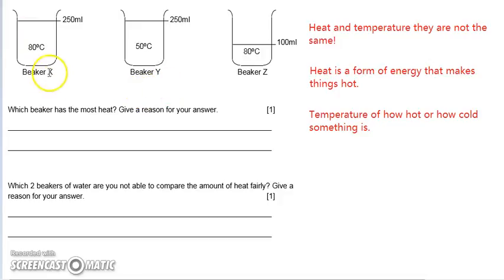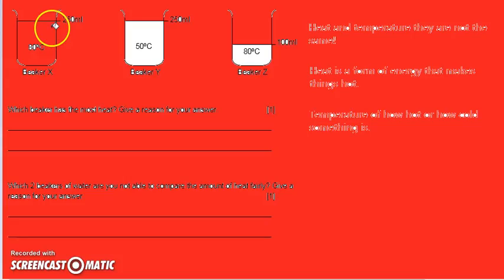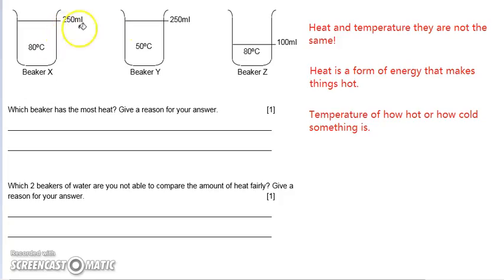So we do know that this 80 degrees at 250 ml and this 50 degrees at 250 ml, this would definitely have much more heat in it compared to beaker Y. Again, if you use the sugar analogy, you would require a lot more sugar to make beaker X sweeter than beaker Y, isn't it?